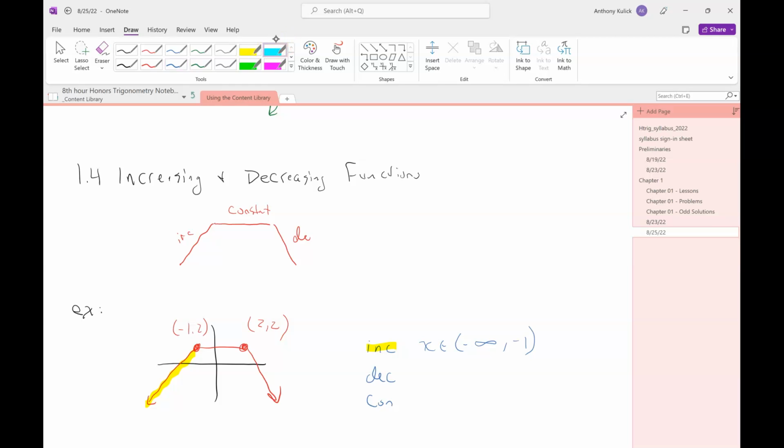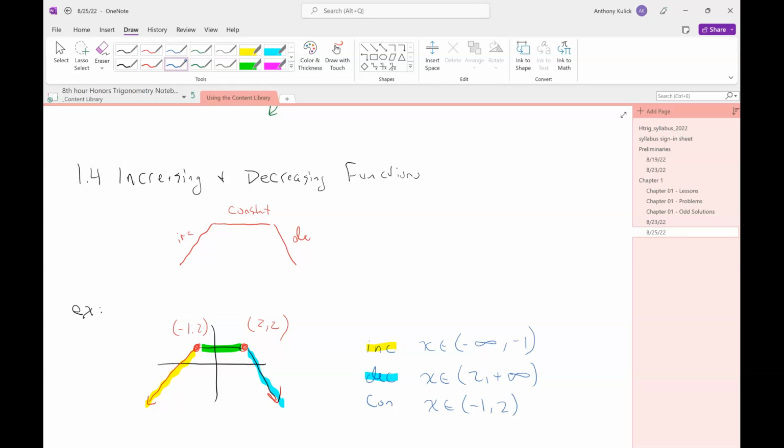How about decreasing? How many decreasing intervals do you see? 1. Where is it at? 2 to positive infinity, right? How many constant intervals do you see? 1. Where does it go from? Negative 1 to positive 2.